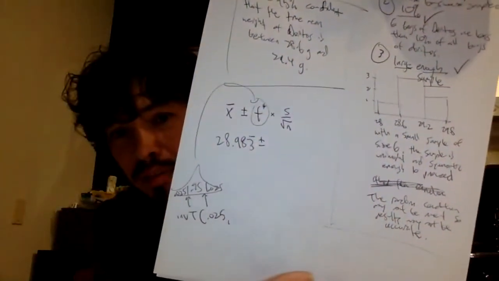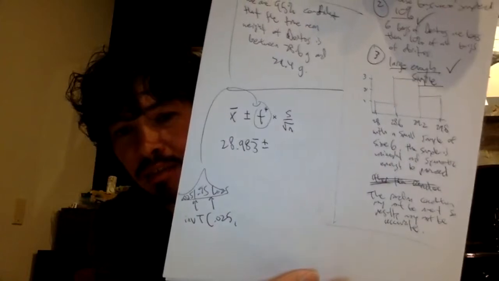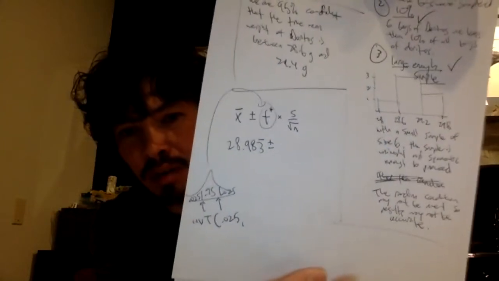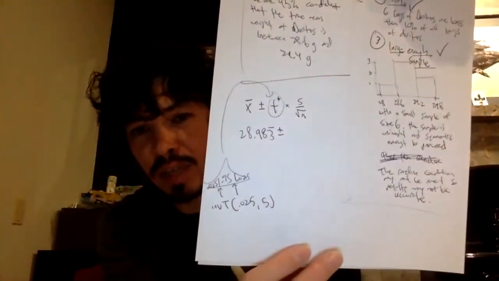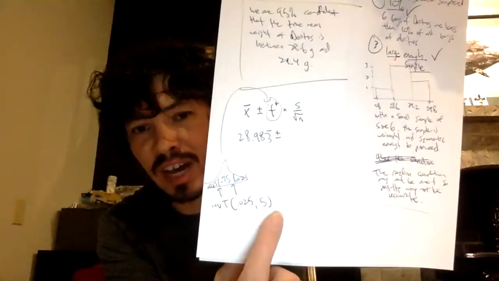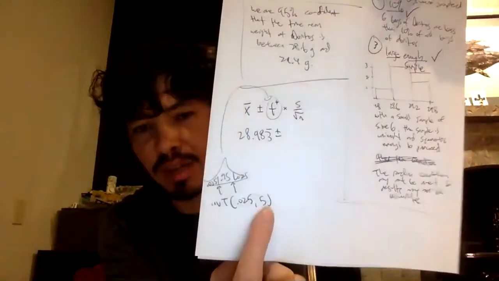But what t model? It's going to be 0.025, comma 5. So for all these t commands in our calculator, which t model? It's the one with 5 degrees of freedom, 6 minus 1, 5. That will tell me how many standard deviations we're reaching out to be 95% confident.